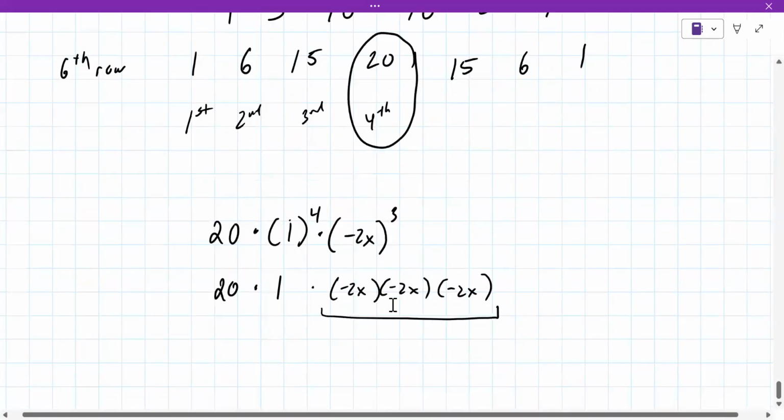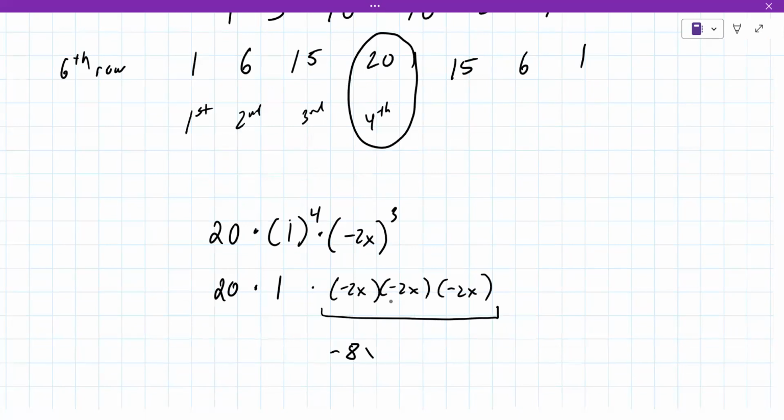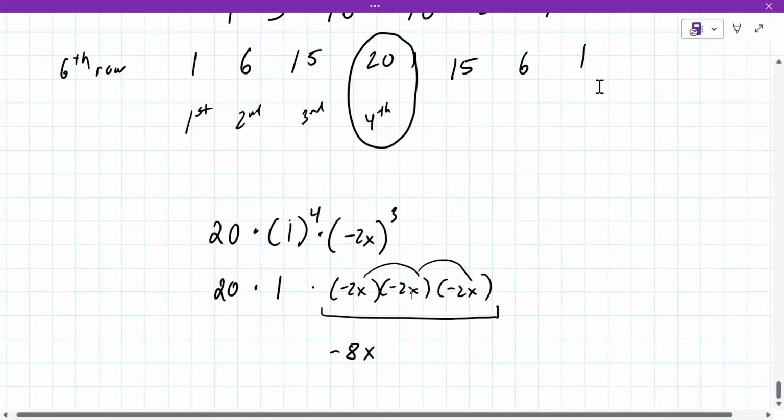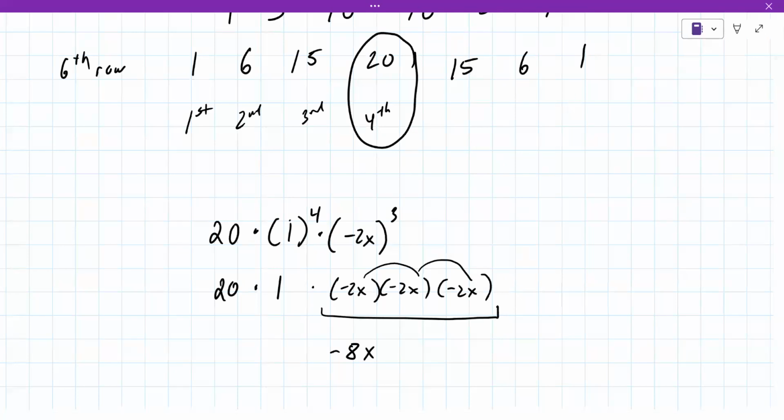No, wait, hold on. That'd be negative 8. Negative 8, and then x to what power? X times x times x.